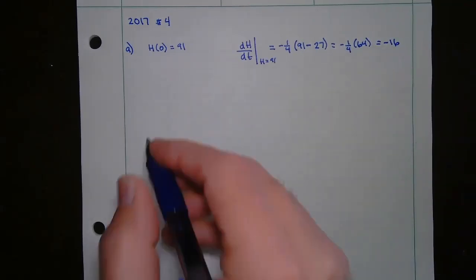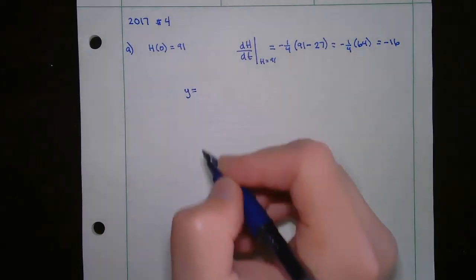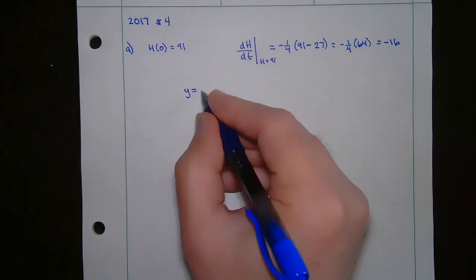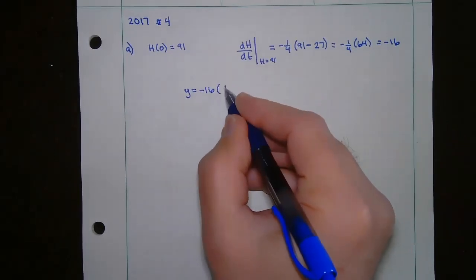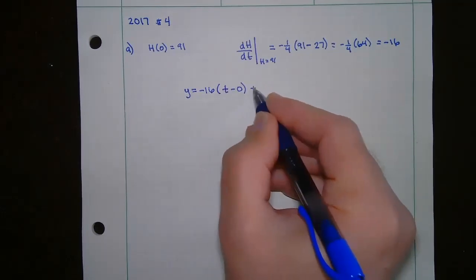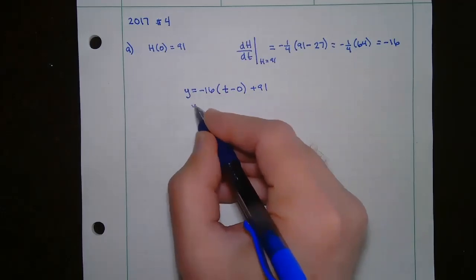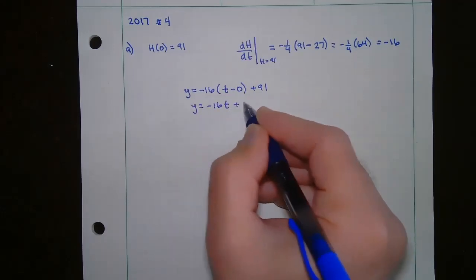All right, so we can write our equation. It would be y is equal to my slope, which is -16 times t minus 0, or just t, and then plus 91. Okay, so this would be y is equal to -16t plus 91.